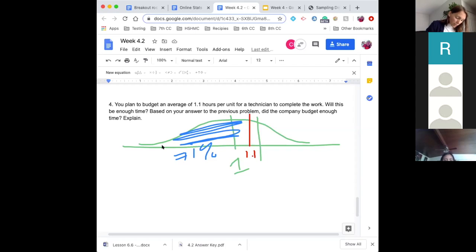This is a quick little model of what we had before. What it's asking is, if you budgeted 1.1 hours for maintenance, do you think that's accurate enough? It's just a yes or no question, and then you have to say why or why not.